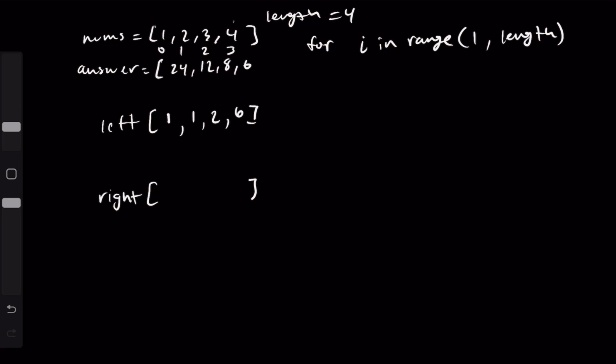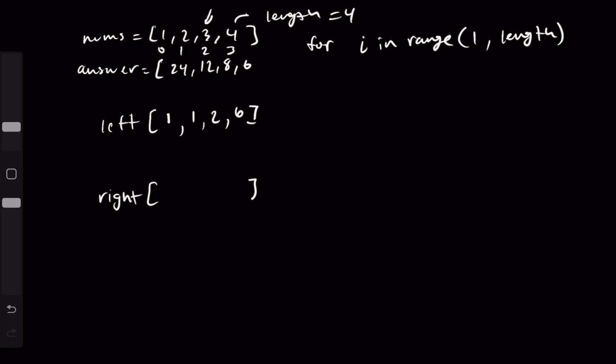And now we want to start on the right. How do we loop through this if we start on the right? It's essentially the same thing, but you start at the end.